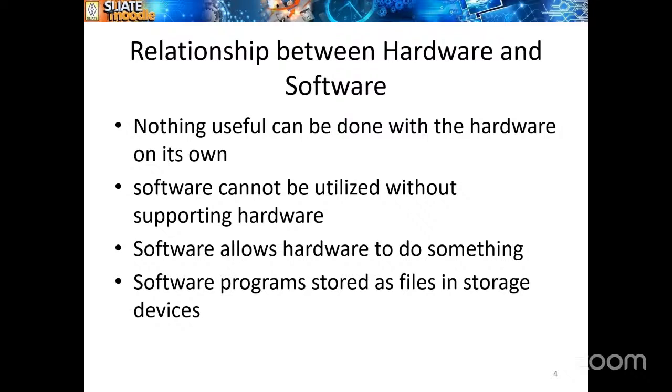So the software and the hardware combine, and after that we can get effective help from the system. The software cannot be utilized without the supporting system of the hardware. The hardware doesn't work without the help of the software.